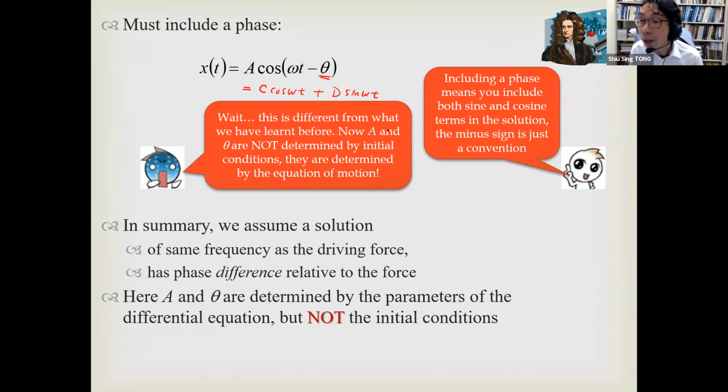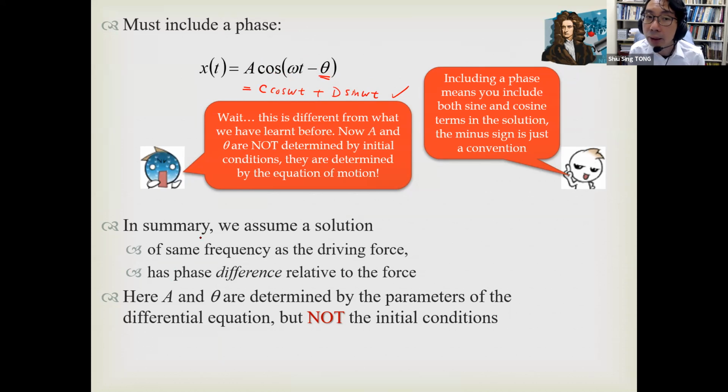Now, if you know the combined angle formula, you expand the cosine (omega t minus theta), then you have cosine omega t cosine theta plus sine omega t sine theta, right? So you make the constant A cosine theta as C and A sine theta as D. You end up with this equation.